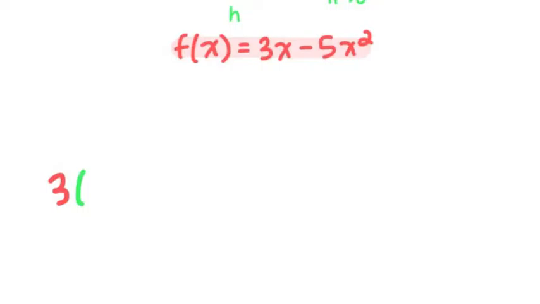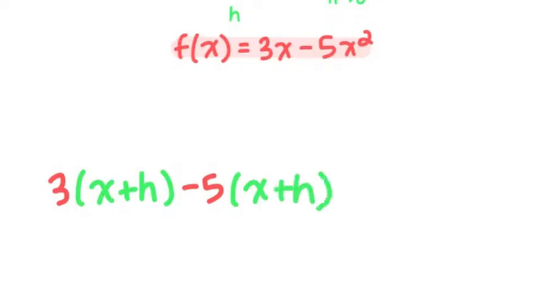What we'll have to do first is write the equation, but instead of writing the x's, we are going to substitute them with x plus h, just like this. Then 5, and again x plus h, and then to the second power. What I mean by substituting is these x's with x plus h.